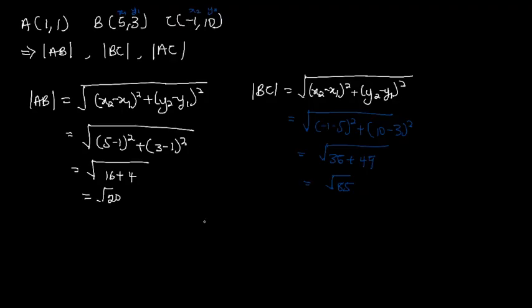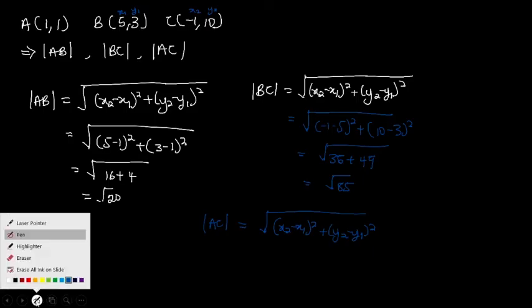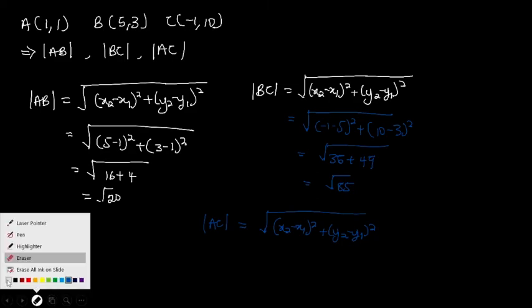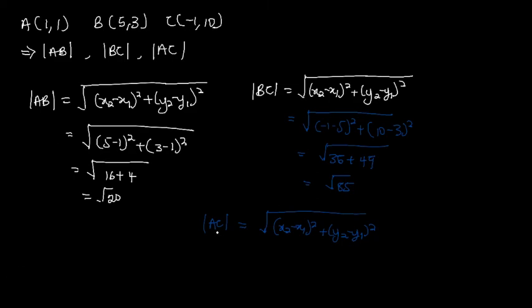Now, the last one is to find AC. So for AC, the formula is still the same, x2 minus x1 all squared plus y2 minus y1 all squared. Alright. So, since we have A and C, A becomes x1, y1, then this becomes x2, y2.